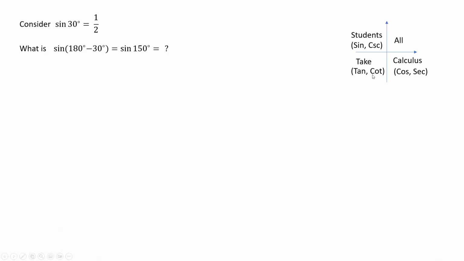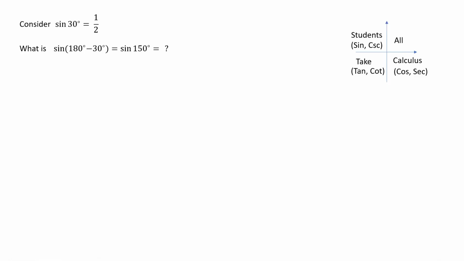T for tangent and its reciprocal cotangent. Again, C for cosine and secant, right? This is what we had learned. So that means if we know that sine of 30 degrees is 1/2, we can be guaranteed that sine of 180 minus 30 degrees is also going to be 1/2 numerically.